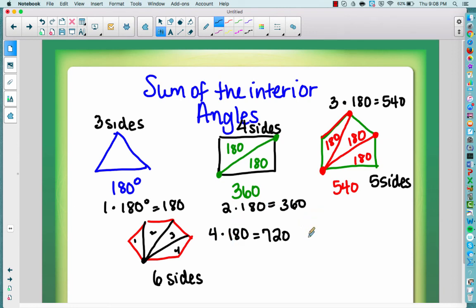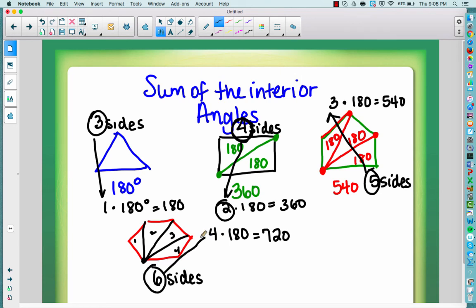So what you might be seeing is that the number being multiplied by 180 is 2 less than the number of sides. Look, 3 minus 2 gives me 1 times 180. 4 minus 2 gives me 2 times 180. 5 minus 2 gives me 3 times 180. And 6 minus 2 gave me 4 times 180.